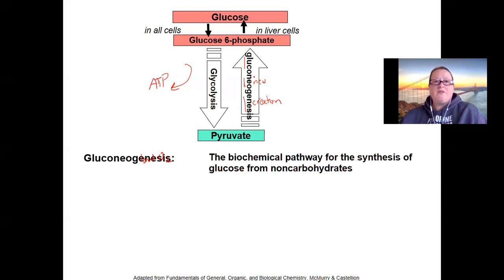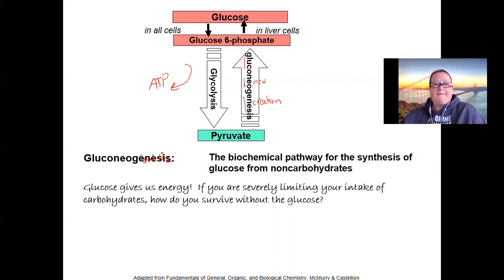Sometimes we don't need as much energy in our bodies, so we don't need the glucose to enter the ATP cycle. Glucose gives us energy. If we are limiting our intake of carbohydrates, we can turn pyruvate back into glucose.